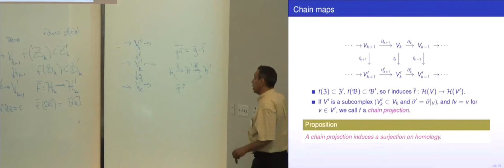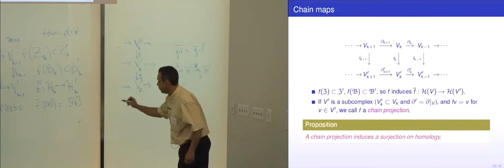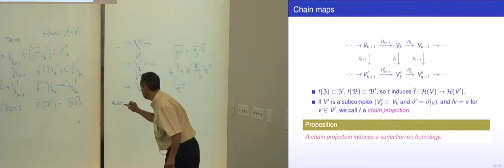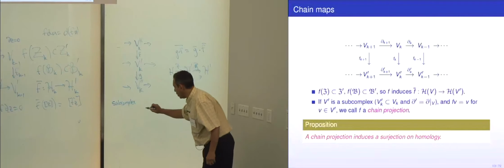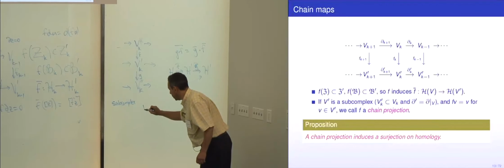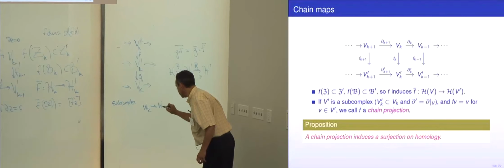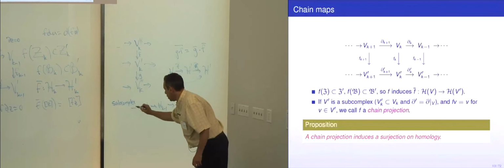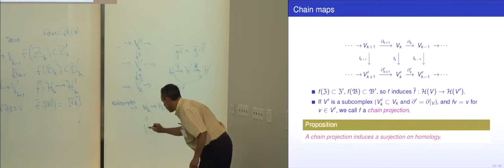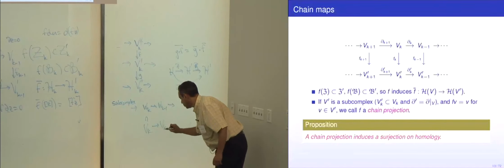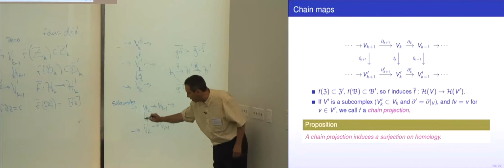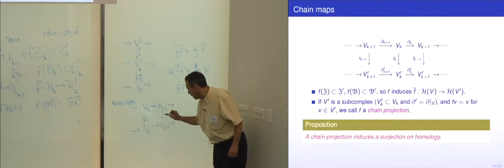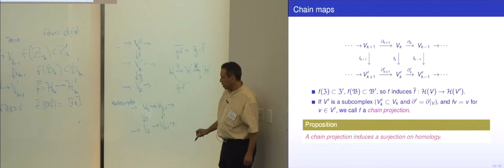And one particular case is if we have a subcomplex. That would be the case where we have one complex, let's call it W, which is contained in another complex V. So in that case, we have inclusion maps going down, and inclusions obviously commute, so that's a chain map.